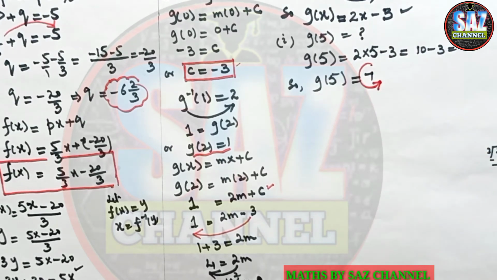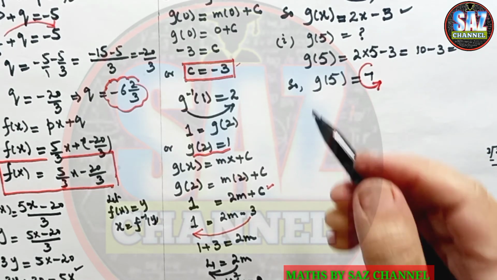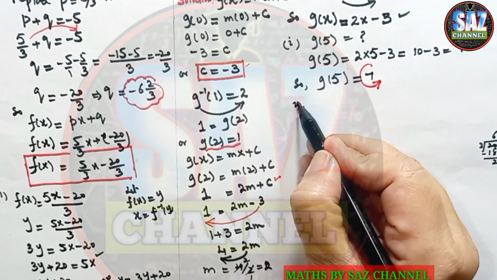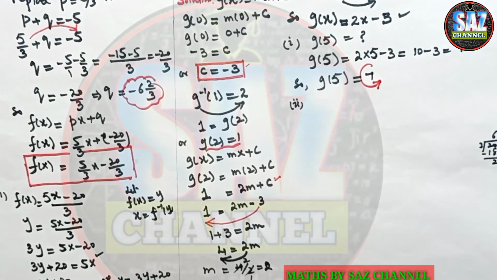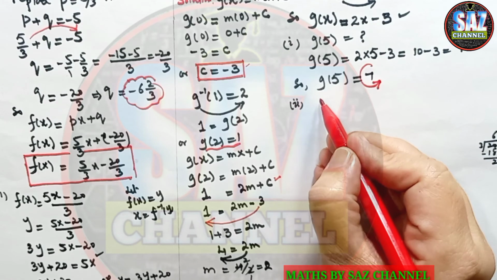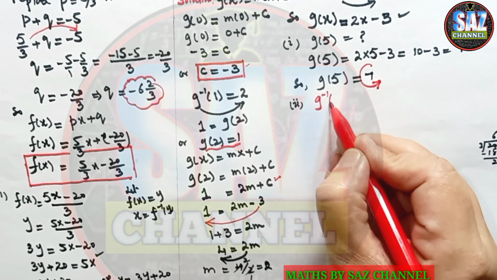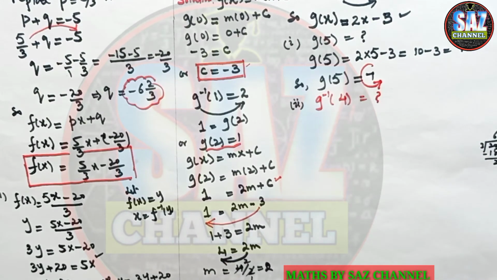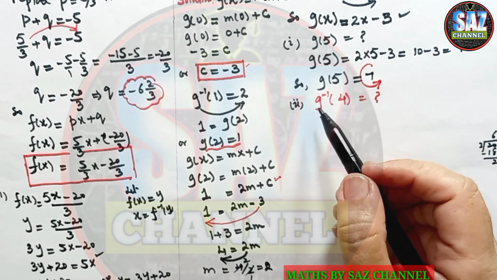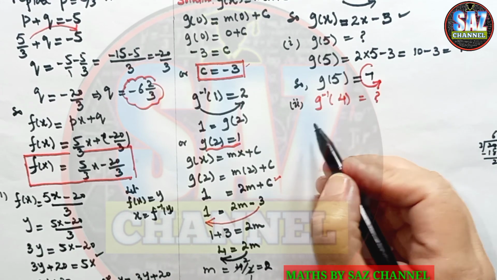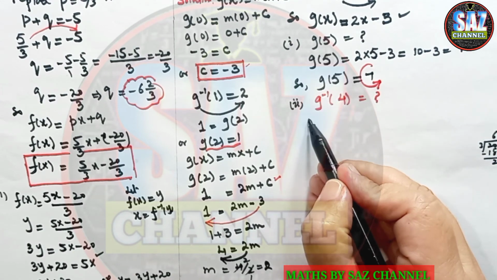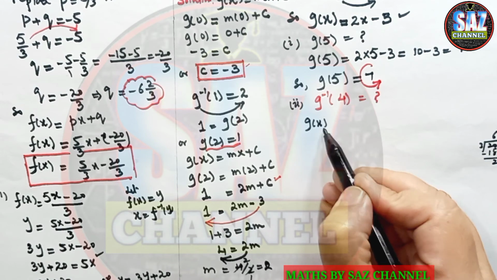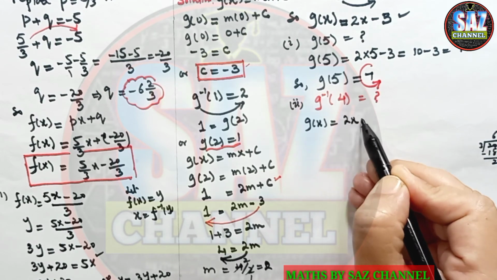And now let's move to the final part of the question that says we have to find g inverse of 4. In order to find g inverse of 4, first of all we have to find the inverse of the function g of x, because the function g of x is 2x minus 3.